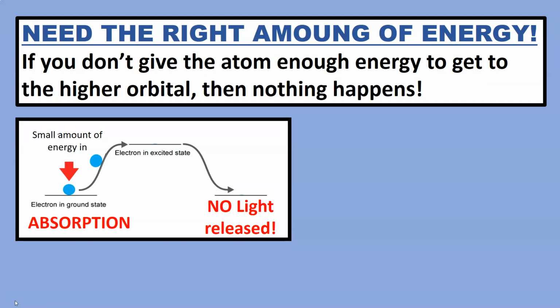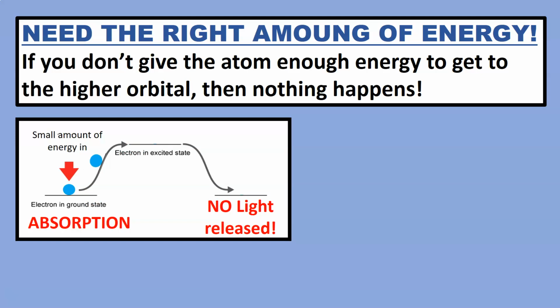One thing that's really important to understand is if you don't use enough energy, you will not be able to get up to the higher orbital, so no light will come out, okay? So it's really important that you understand that not all energy levels, orbitals, are the same distance apart. Some may be very close together, some may be very far apart.